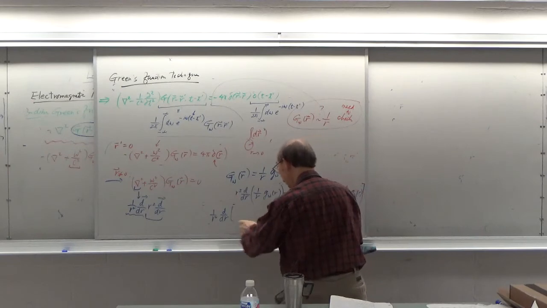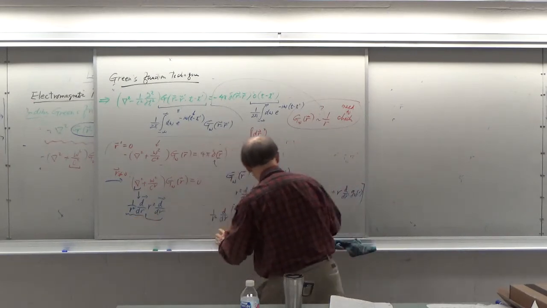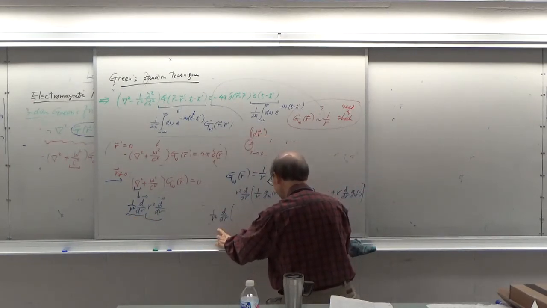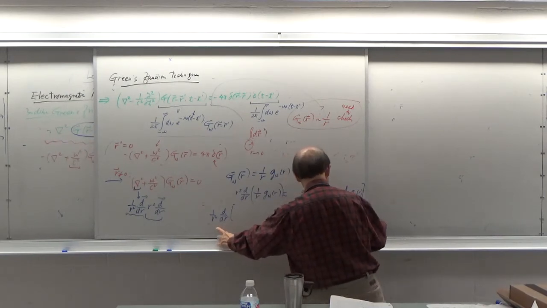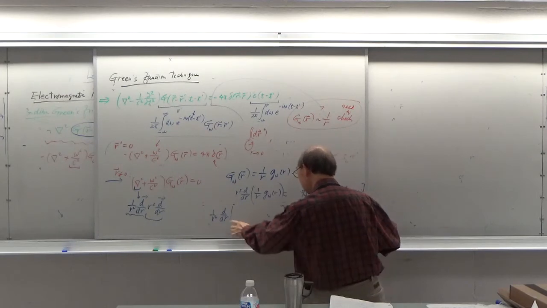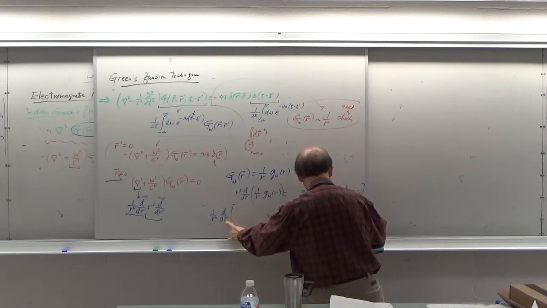So now I have this extra operator acting on this. This term gives me 1 over r squared d by dr acting on small g omega r. Then d by dr can act on this one, which gives rise to two terms.